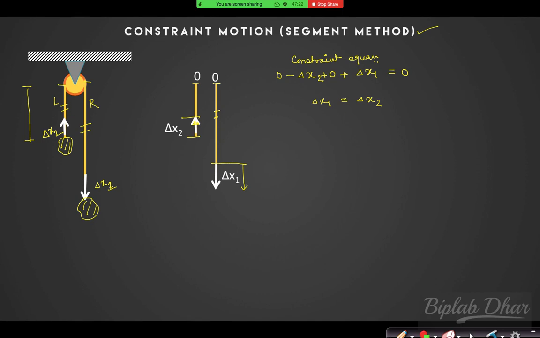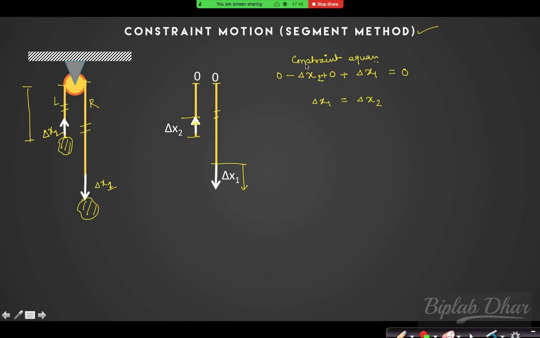Increase. So I have put a plus delta x1, and the net increment and decrement should be 0 because the length of the string is constant. Okay, sir. It can be understood. Yes, so that is the constraint equation method that I have written here.